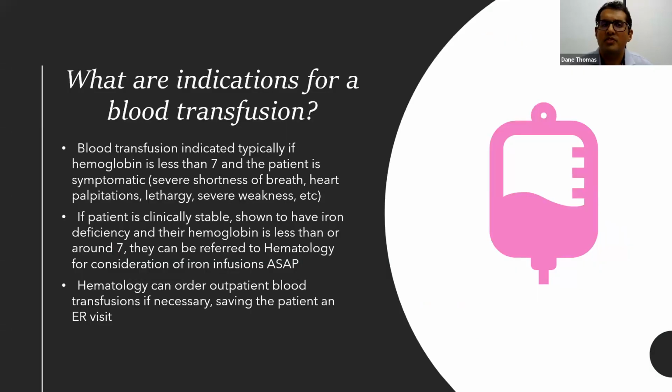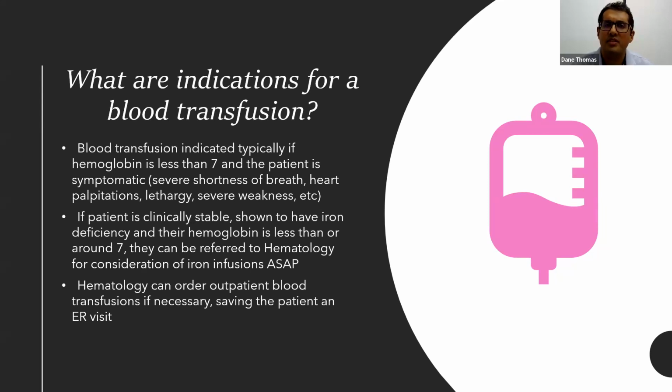Patients who have severe anemia are oftentimes considered for a blood transfusion. So what are the indications for a patient who would require a blood transfusion? A blood transfusion is typically indicated if the hemoglobin is less than 7 and the patient is symptomatic, such as having severe shortness of breath, heart palpitations, lethargy, severe weakness, and so forth.